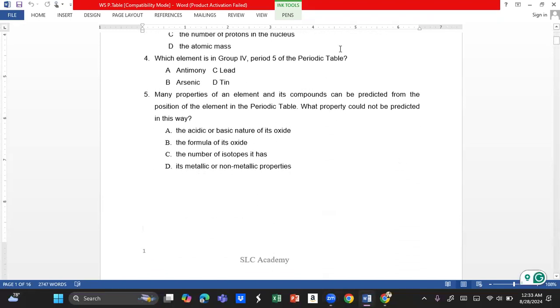Which element is in group 4, period 5 of the periodic table? This is a very easy question. You must open the periodic table, then see the group, select group 4 in period 5, move toward the right side in period 5 and move down group 4. Both you will come to know.